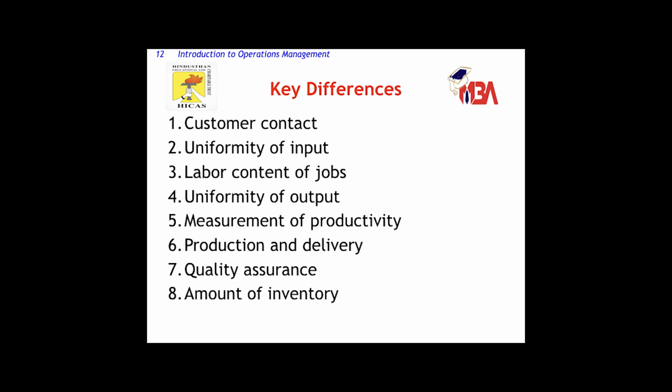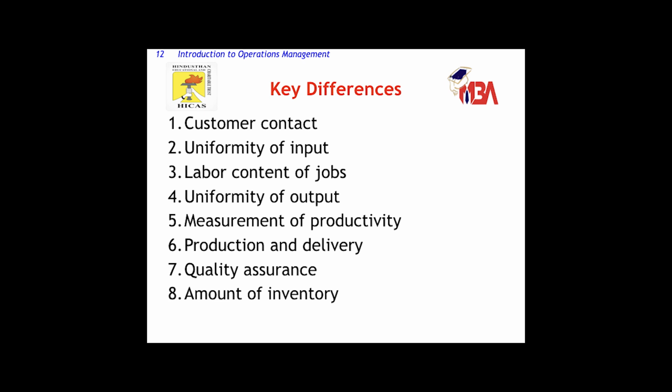If you take a manufacturing setup, for any product which is manufactured, the contact with the customer is very, very minimum. The factory is going to be in one place, the manufacturing process takes place, the product is manufactured, and the product is moved to the place where the customer is. So the customer contact in the goods producing facility is less.